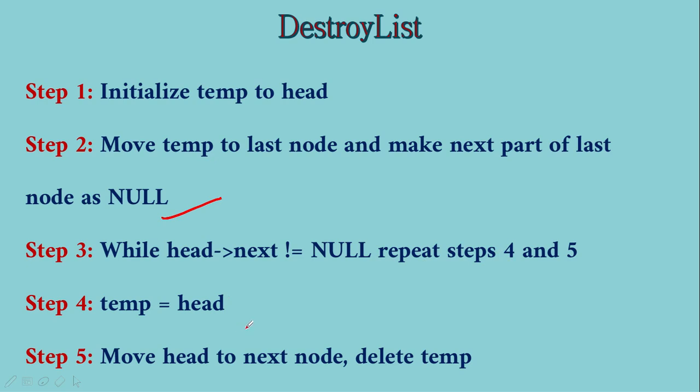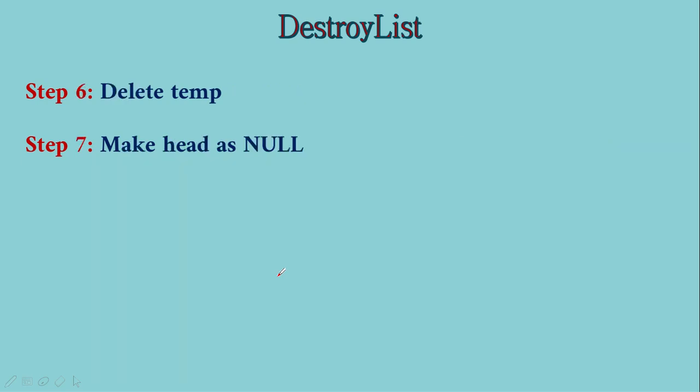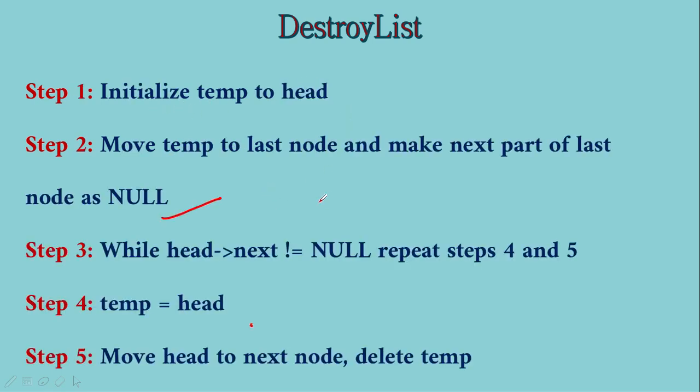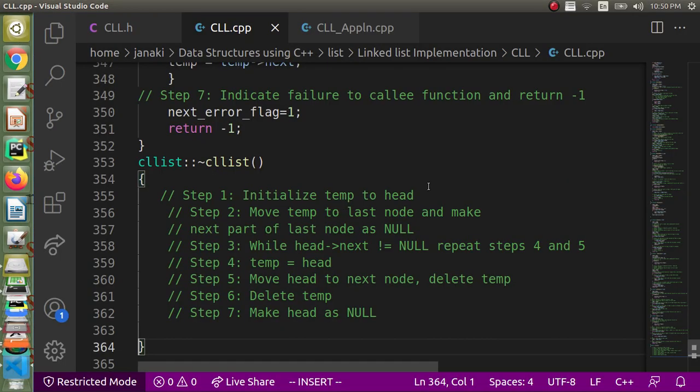In step number 4, we initialize a pointer temp to head, and you will be moving head to the next node, delete temp, right? And after we come outside, we have to delete temp and make head null. This is to remove the last node, because we stop as soon as we reach the last node. This is the idea we are going to implement in C++.